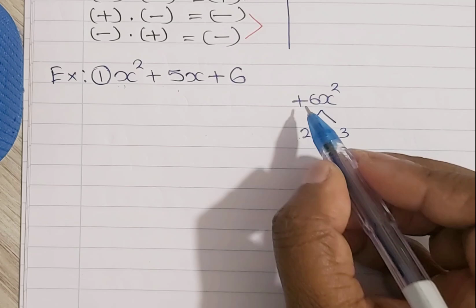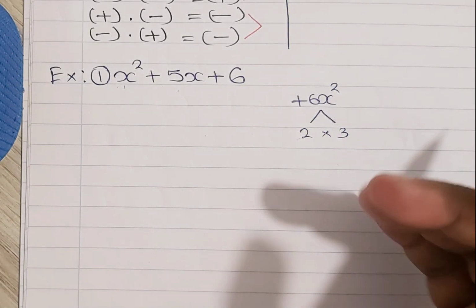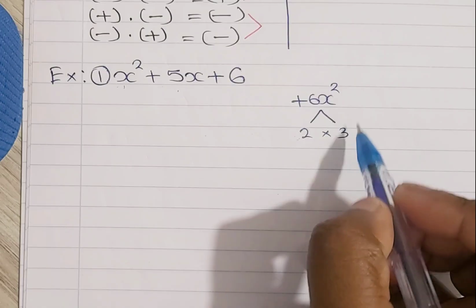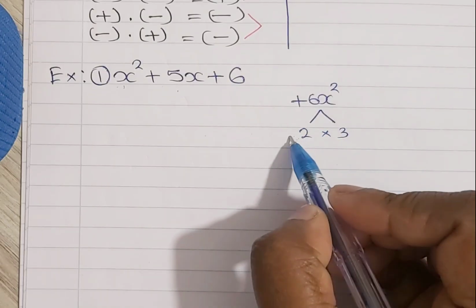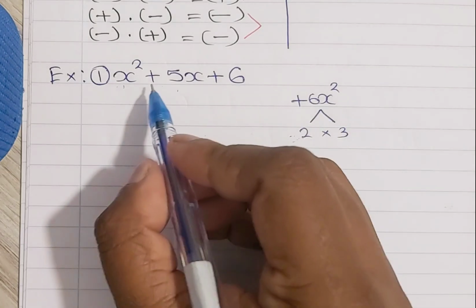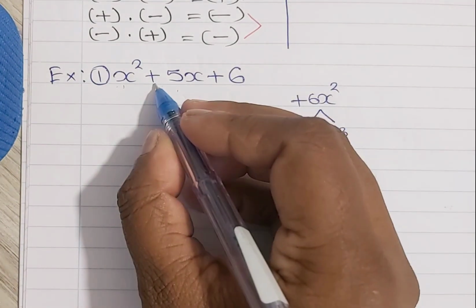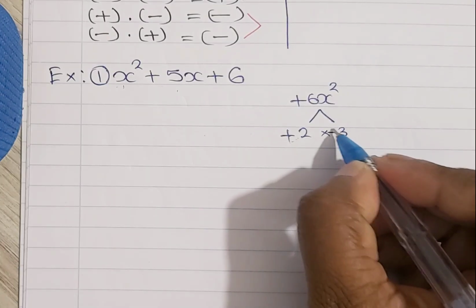If the product is positive, both signs should be equal. And if the sum of both is positive, both signs should also be positive.